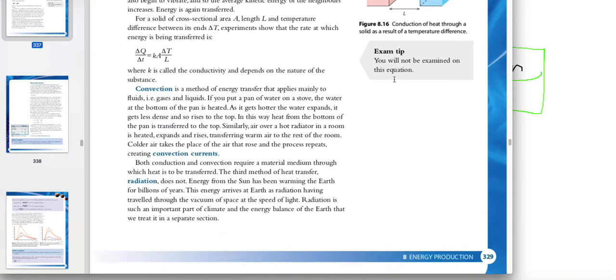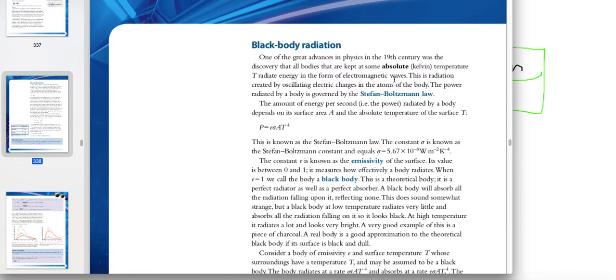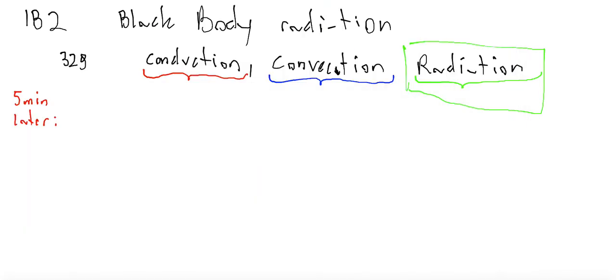Topic: black body radiation. This is Tsokos page number 330. So first of all, let's look. If you have an object, then the amount of radiation depends on the temperature.